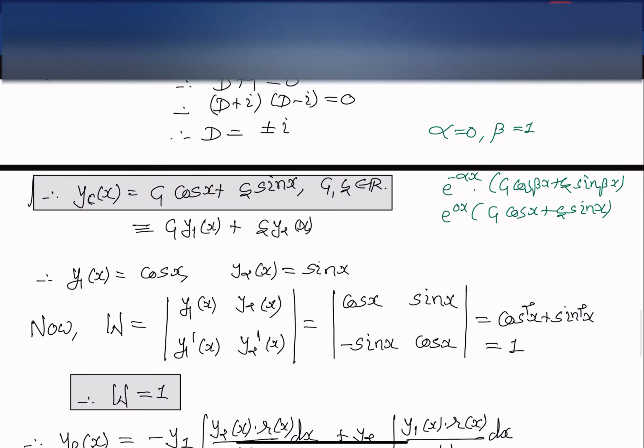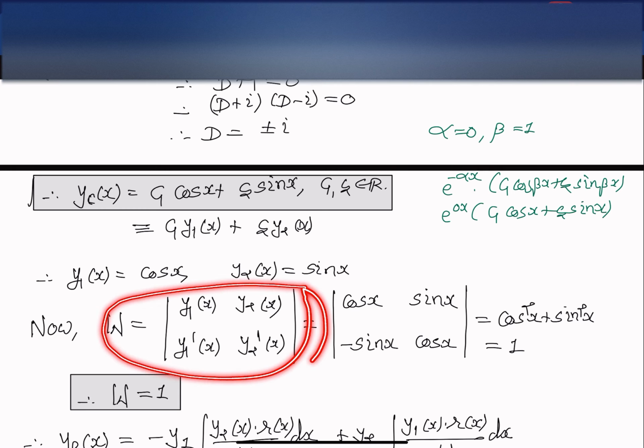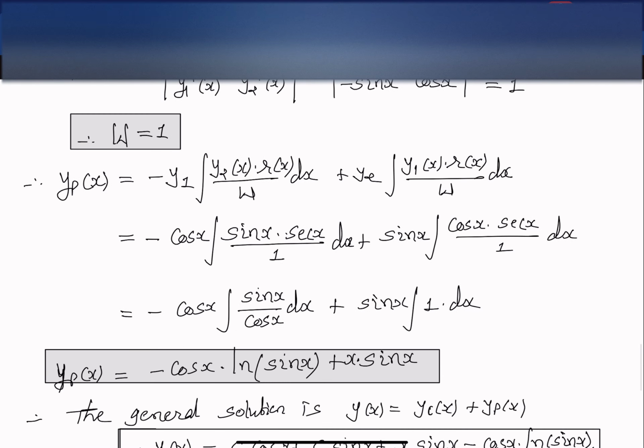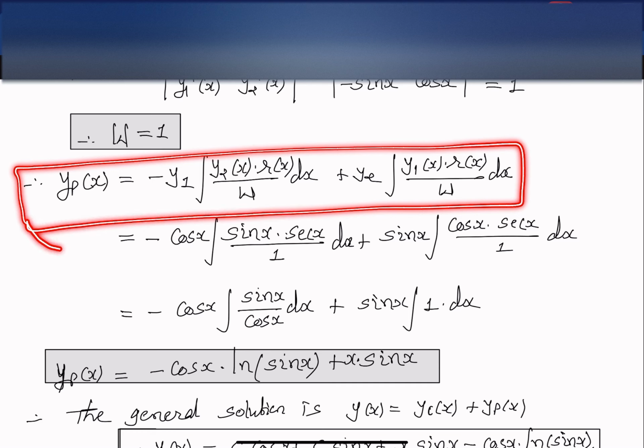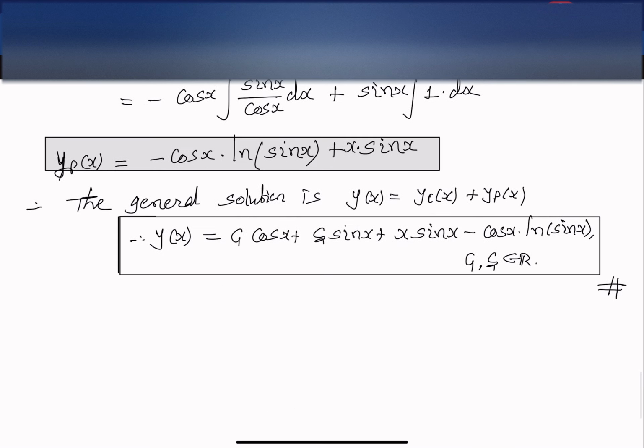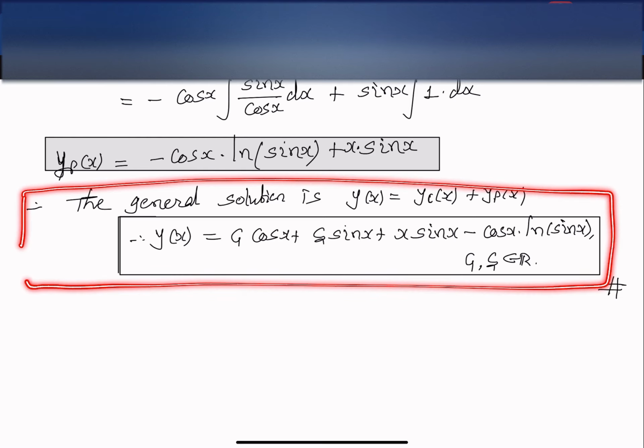Right. Next, using y1 and y2, I find the Wronskian. This is the Wronskian here. Then I mention the formula. I substitute the values, right? And then I integrate. And finally, the last step is, what is the general solution?